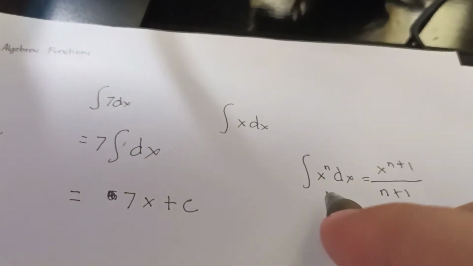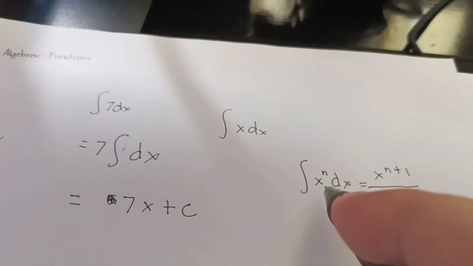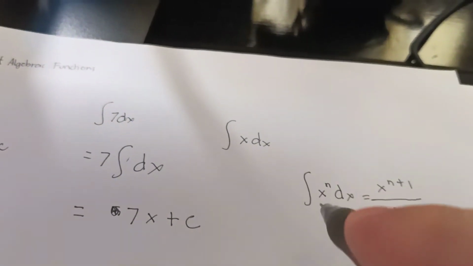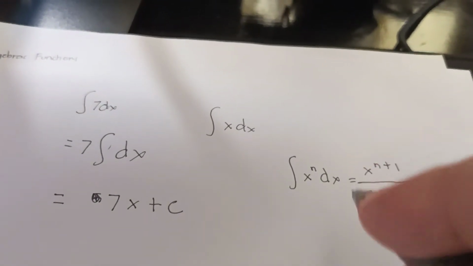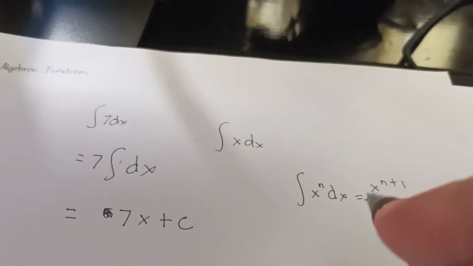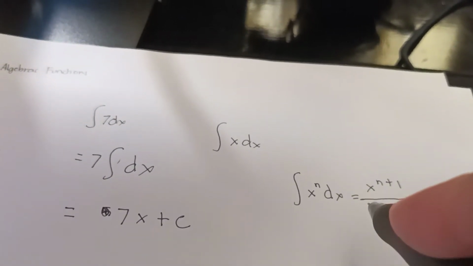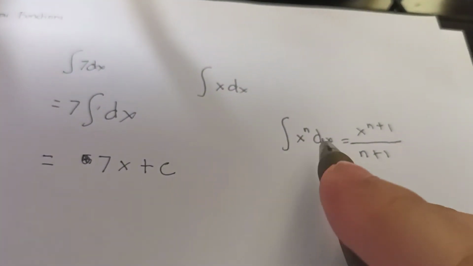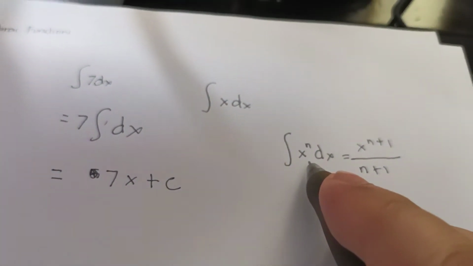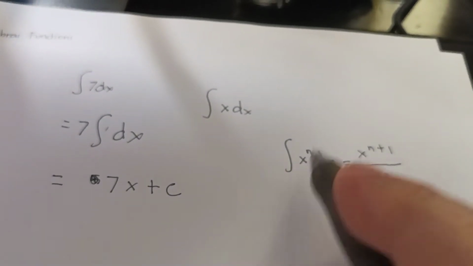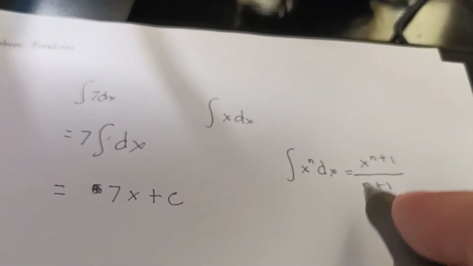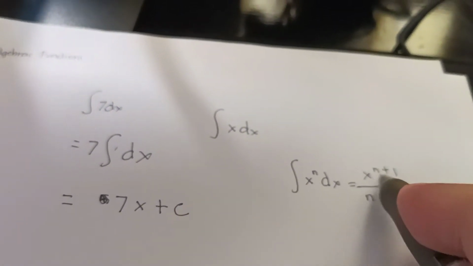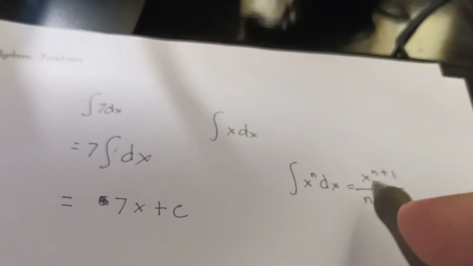Whenever a variable has an exponent, we always add 1 to it, and then we also copy it out as the denominator. The integration of x to the n dx equals x to the n plus 1 over n plus 1. So we basically copy the final exponent at the denominator.